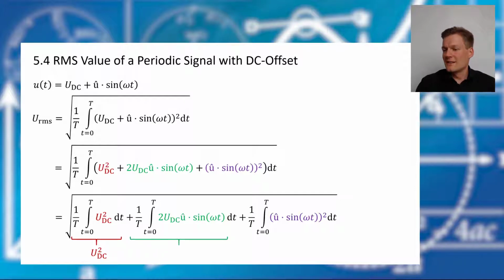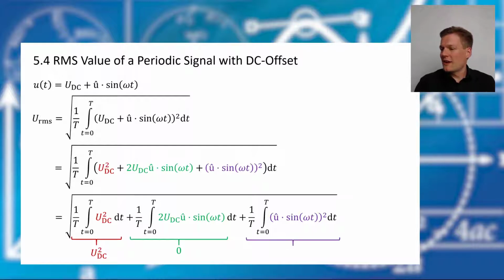In our next integral, there we have a sine function, and we integrate over one period. Okay, the mean value of a sine function is 0 because we have this first positive half wave and then we have the same half wave but with a negative sign, and that means that this here becomes 0.